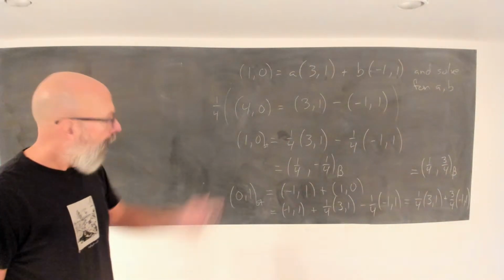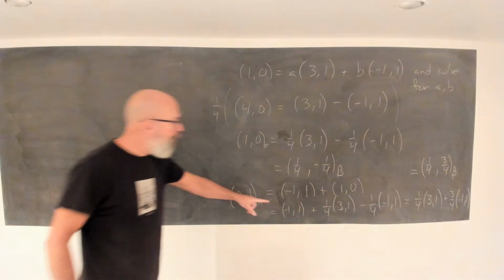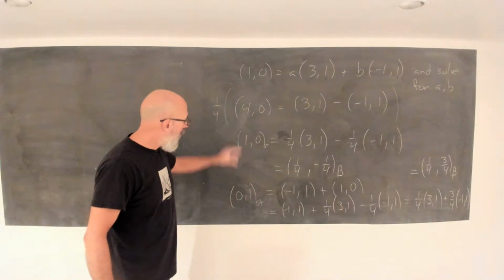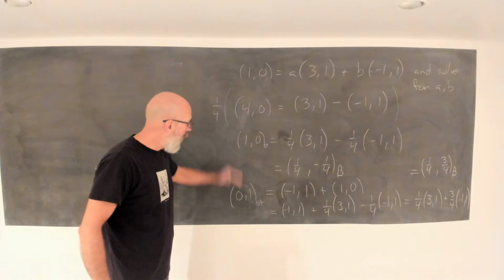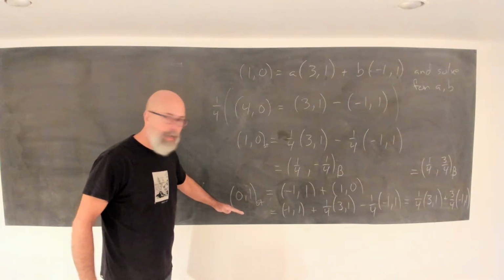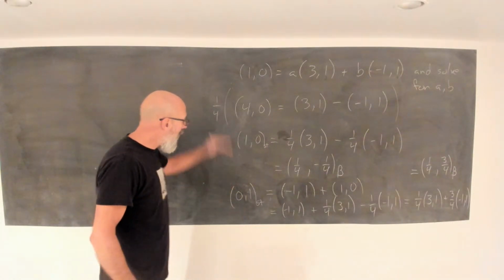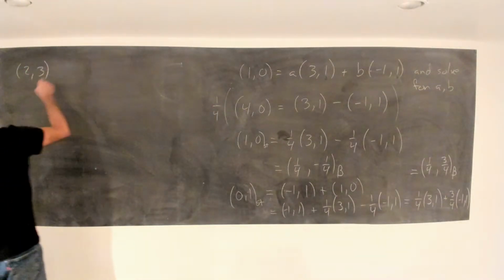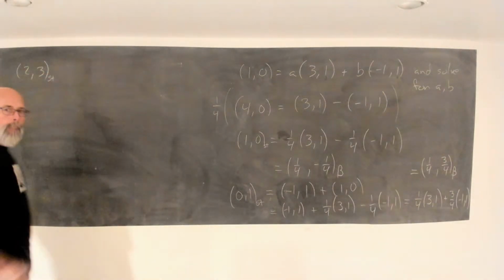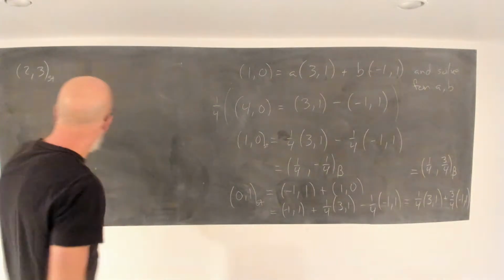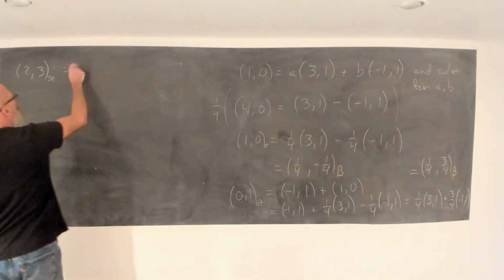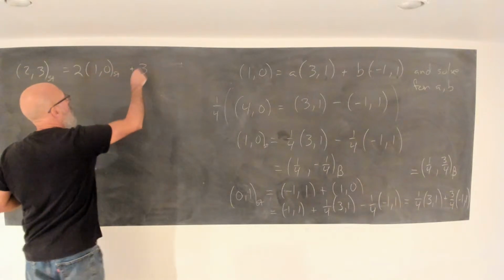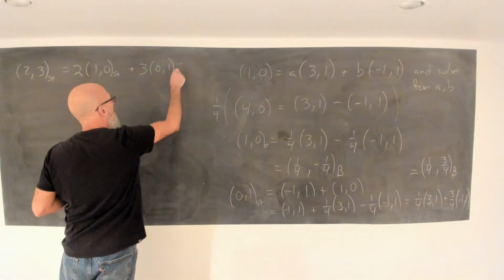Questions? And so, what are we doing here? Now that you have the vectors (1, 0) and (0, 1), any other vector, let's say the vector (2, 3) in the standard basis, is of course 2 times the vector (1, 0) plus 3 times the vector (0, 1).